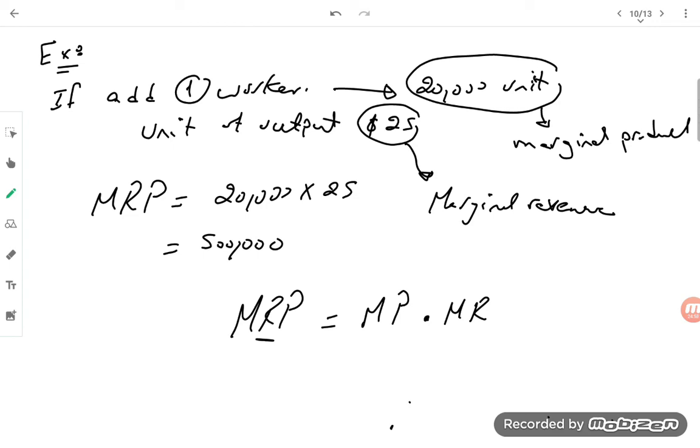So now we have to explain the two main components of marginal revenue product, which are marginal revenue and marginal productivity, and how to calculate each one of them.